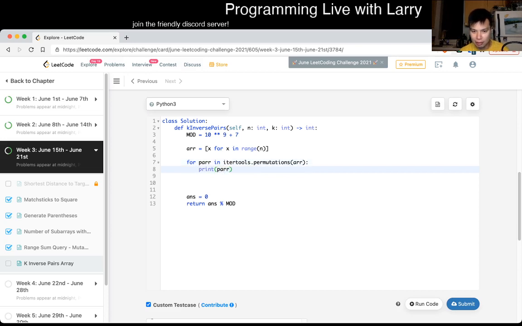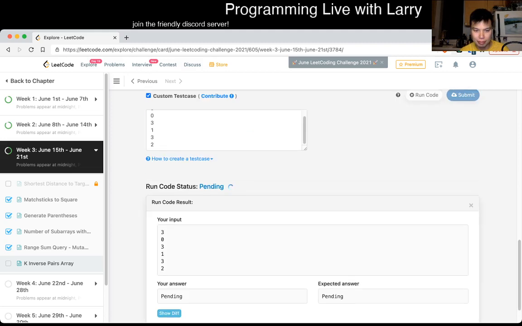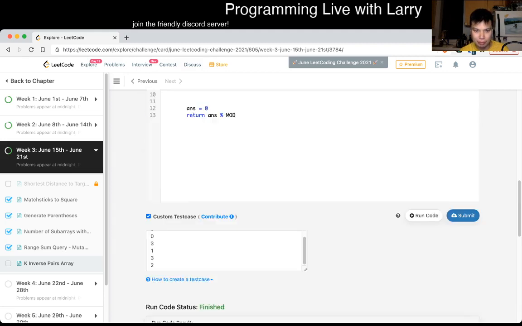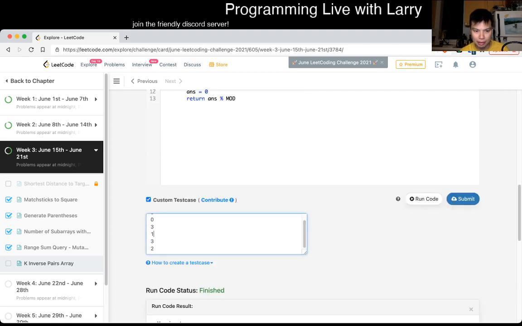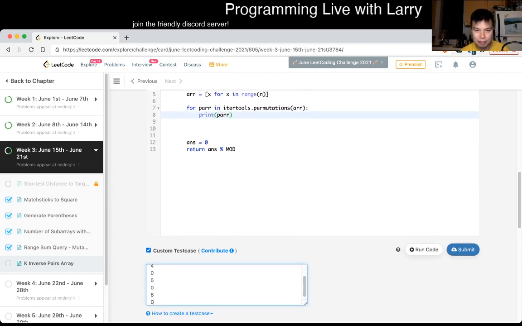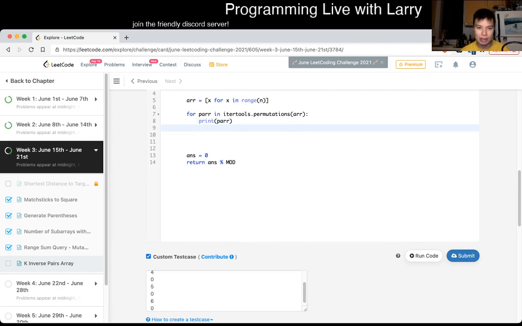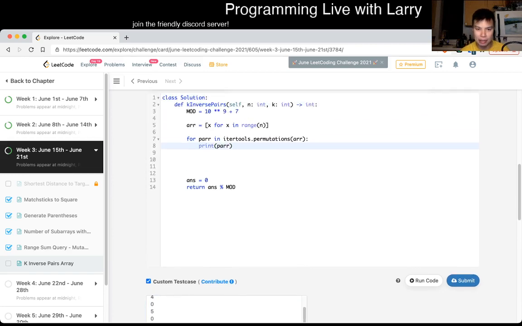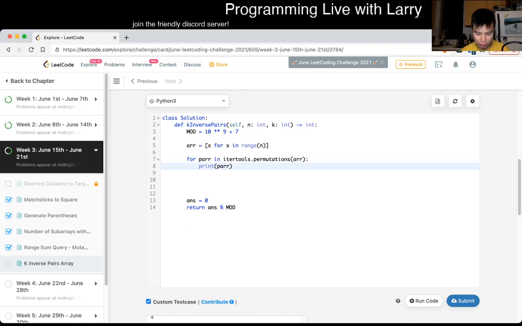Let's just kind of run it real quick. Okay, so that looks like it works. We don't need to run it whatever times, but let's just do it for 4, 5, and 6. And then now we look at the permutation array and then just count the number of inversions, which is what this one wants. And we could do it naively, it's fine.